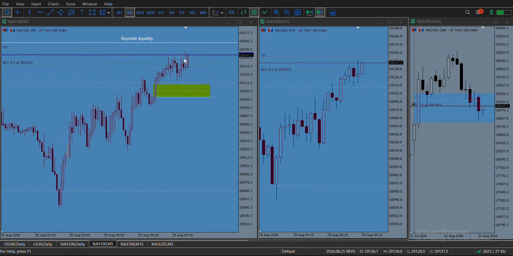Beautiful push higher, just like I've said. So one thing going for me is we never traded back into this inefficiency here.